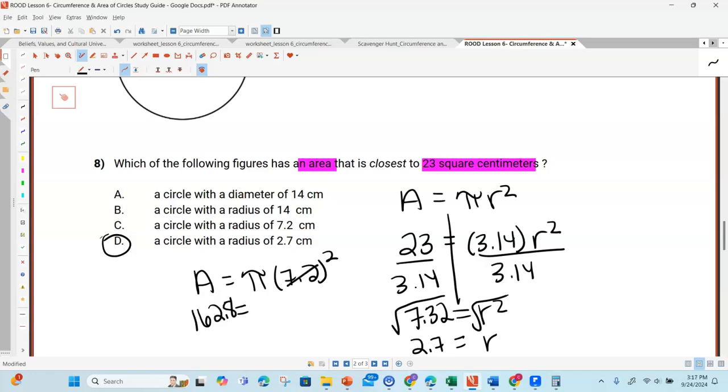And then if we substitute that with 2.7 squared times 3.14 to see if that works, that gives us 22.9, which is close to 23 square centimeters. So this is our answer. We need a radius of 2.7 centimeters. So D. Those are two different ways you could solve for it.